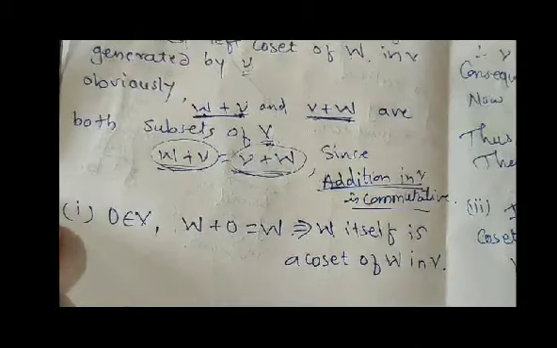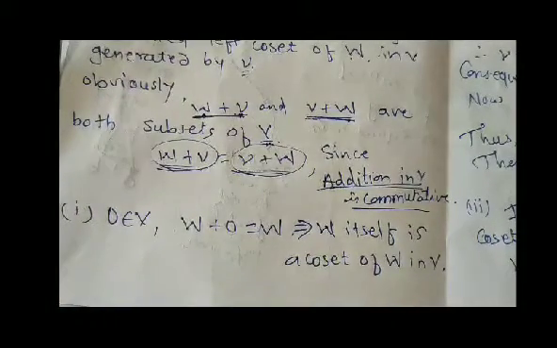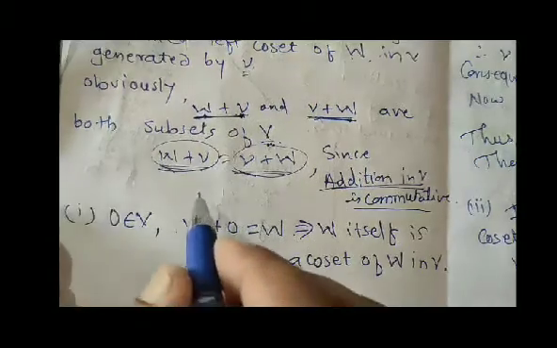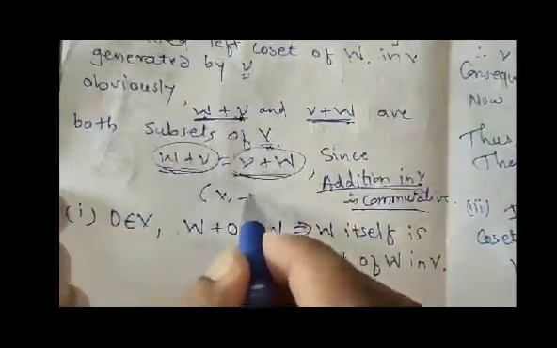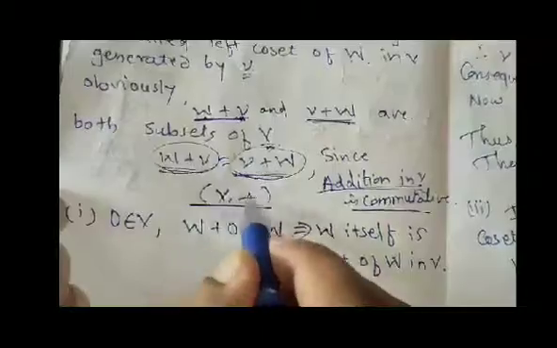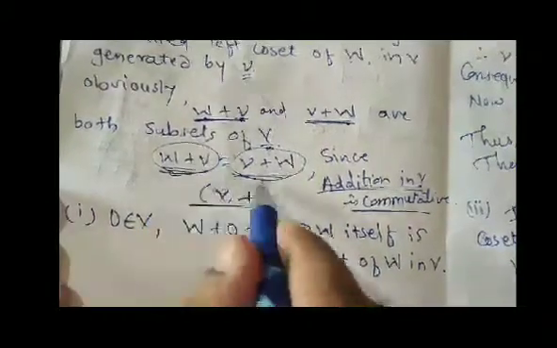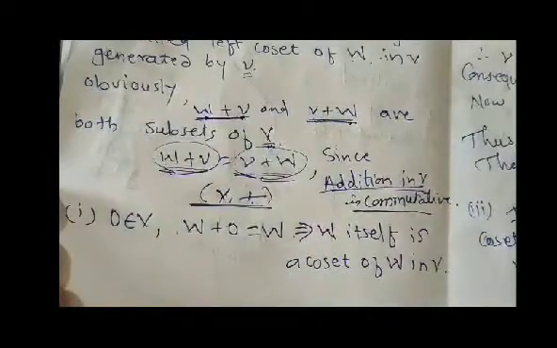Here the right coset and left coset are equal because V under plus is an abelian group. In the definition of a vector space, we always mention that V under plus is abelian, so this condition must be satisfied.